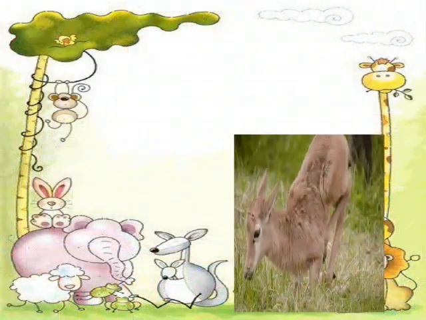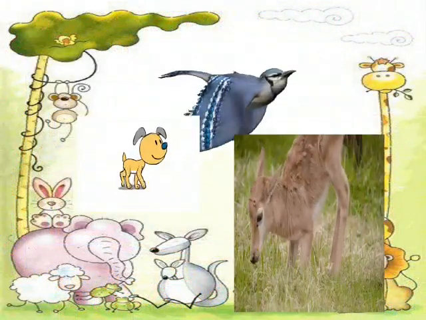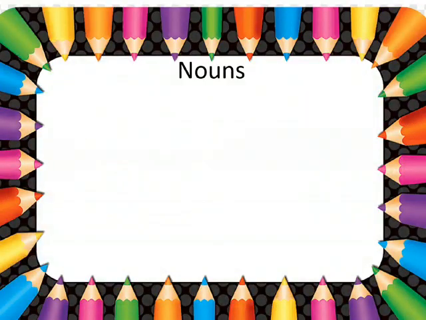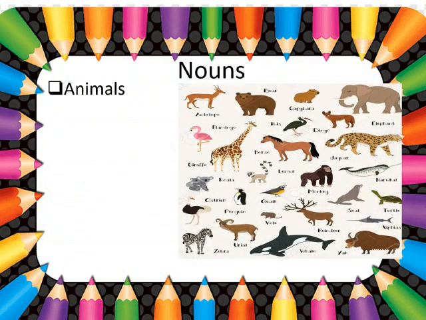Children, all the animals and birds which we see around us are nouns. In animals, we have wild animals like lion, tiger, domestic animals like sheep, cow, also the pet animals like dog, cat and pigeon.